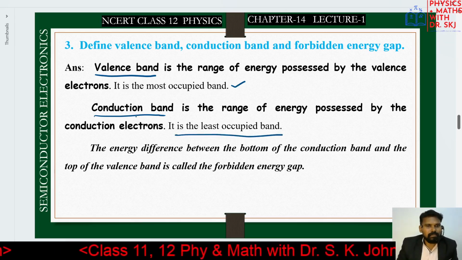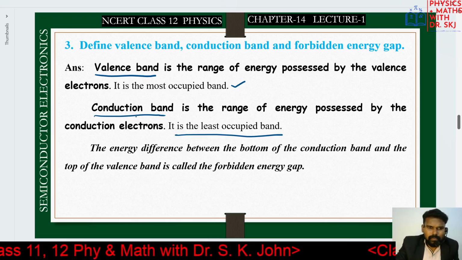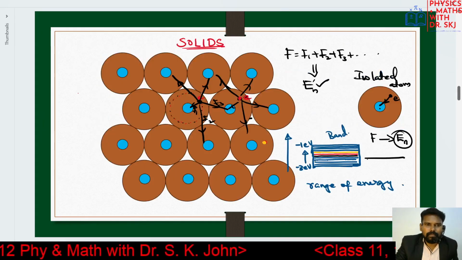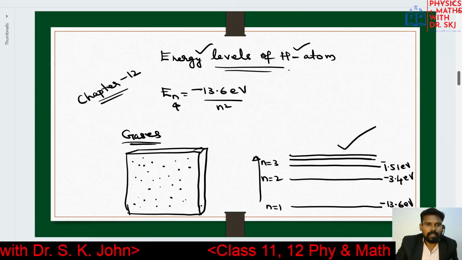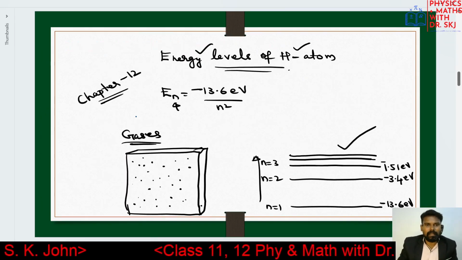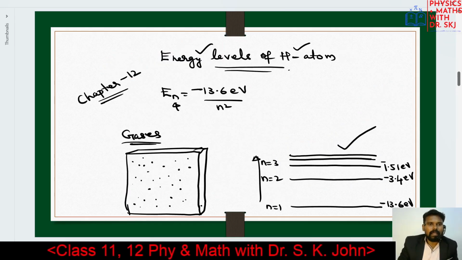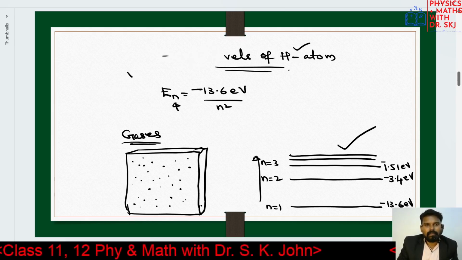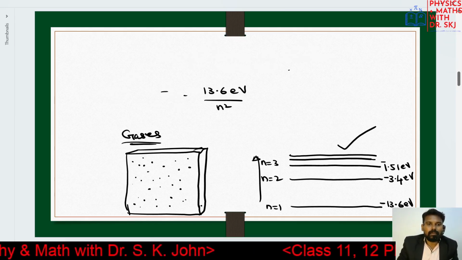What is the concept of least occupied and most occupied? Actually, there are other energy bands also in solids. Other energy bands means energy bands of inner orbits or inner electrons.